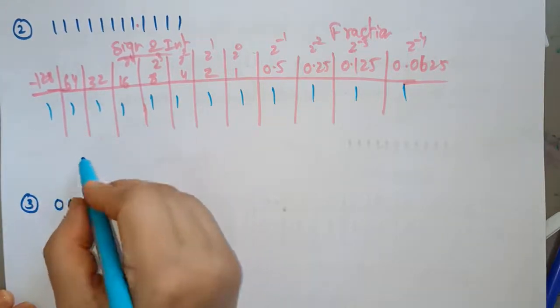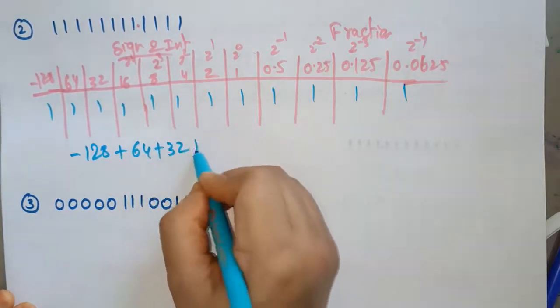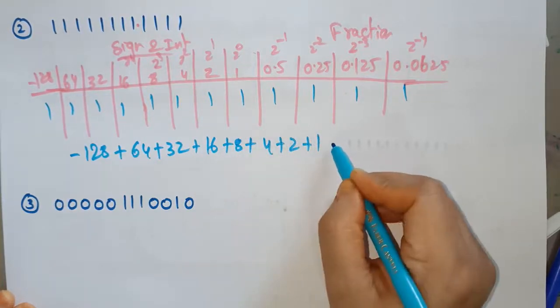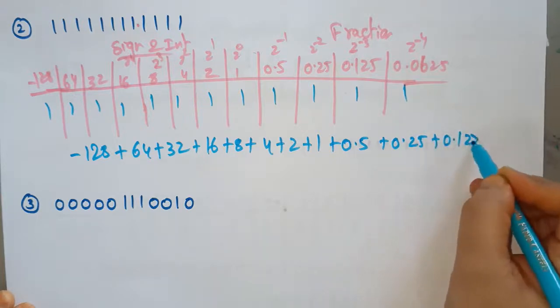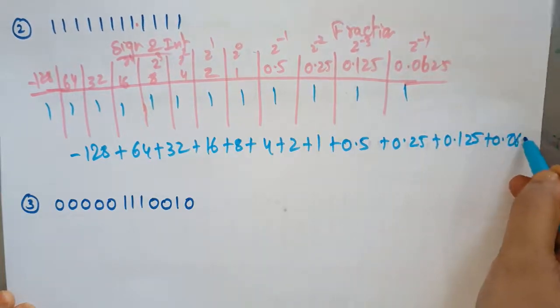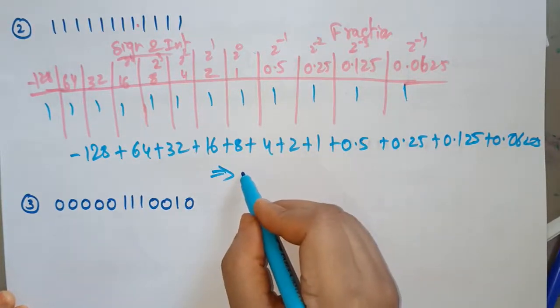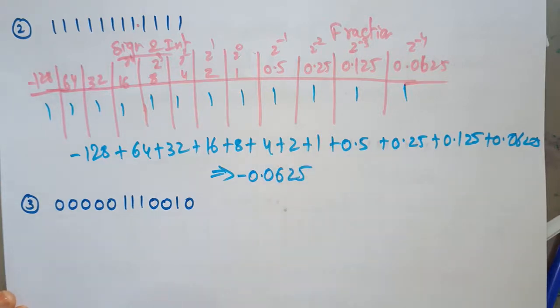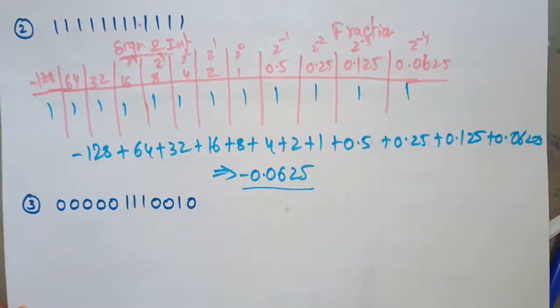So 1 into minus 128 plus 64 plus 32 plus 16 plus 8 plus 4 plus 2 plus 1 plus 0.5 plus 0.25 plus 0.125 plus 0.0625. If you do the addition, you will get minus 0.0625, because this is a negative number. If you do the calculation, you will get a negative number only.